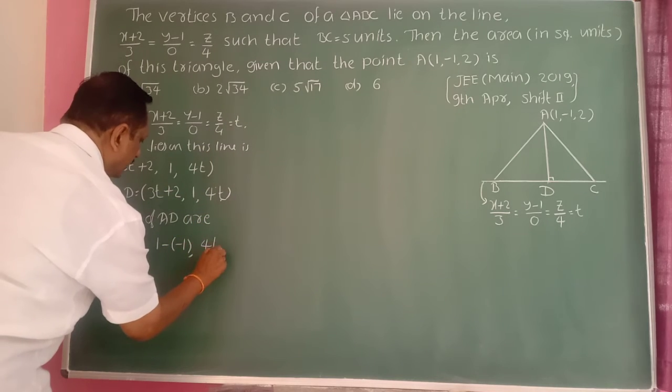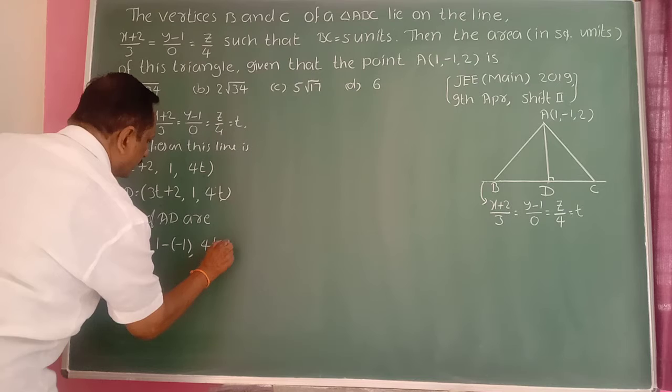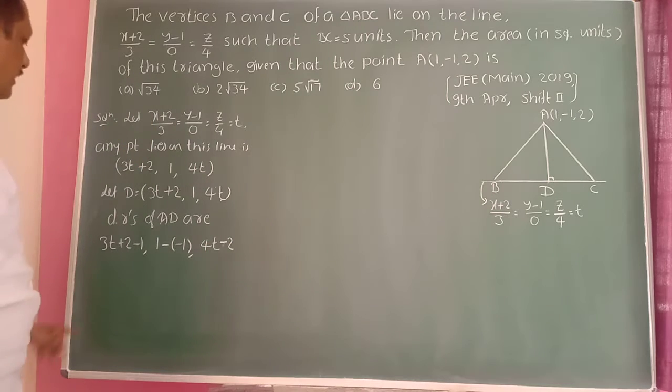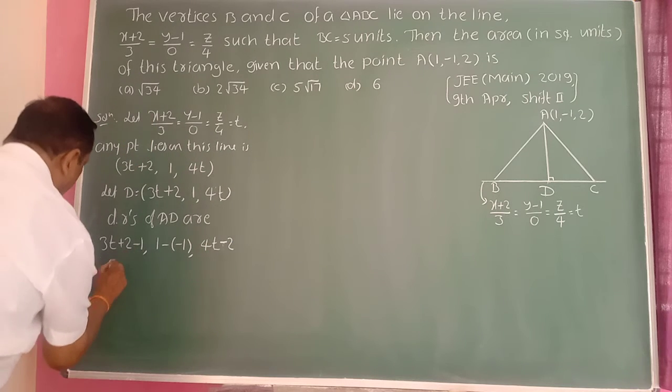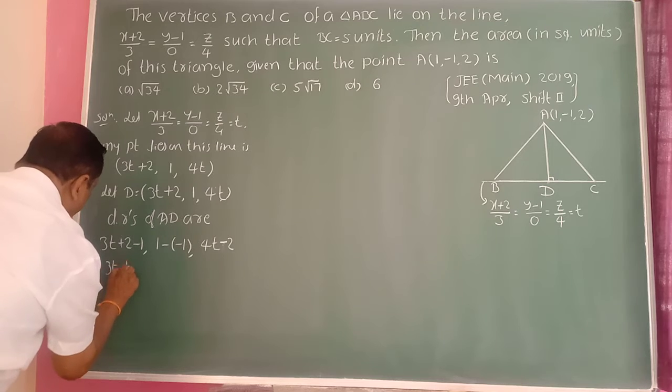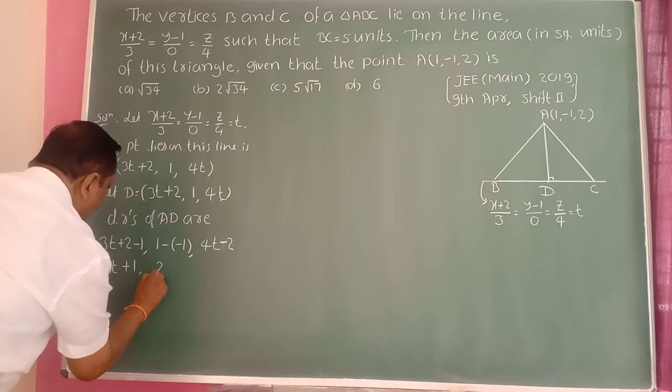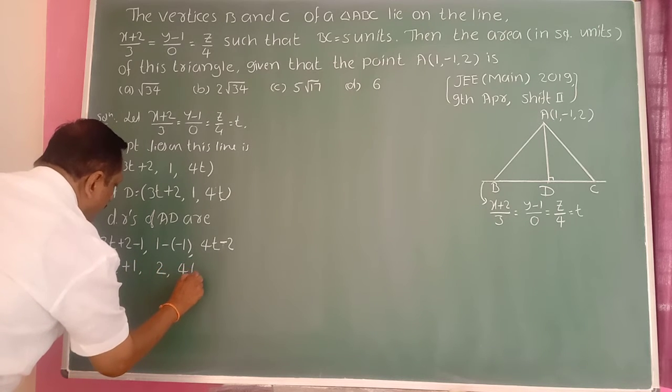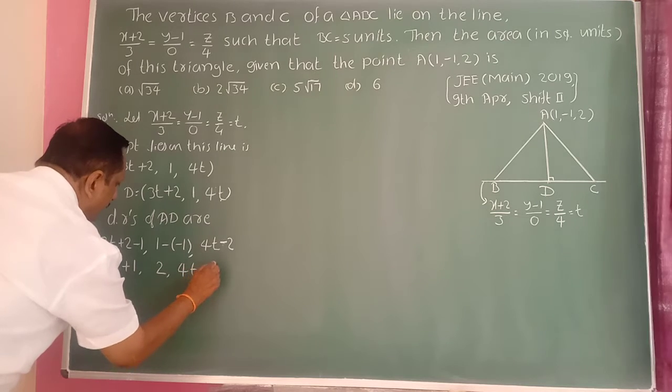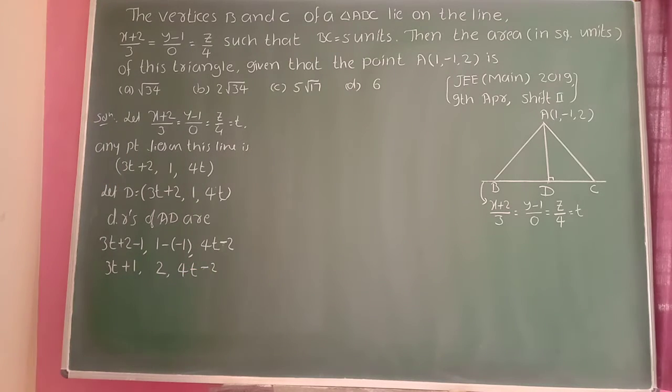So these are the direction ratios. Here -2 minus 1 becomes -3, so 3t - 3, and then it is 2 here. Then 4t minus 2. These are the direction ratios of AD.